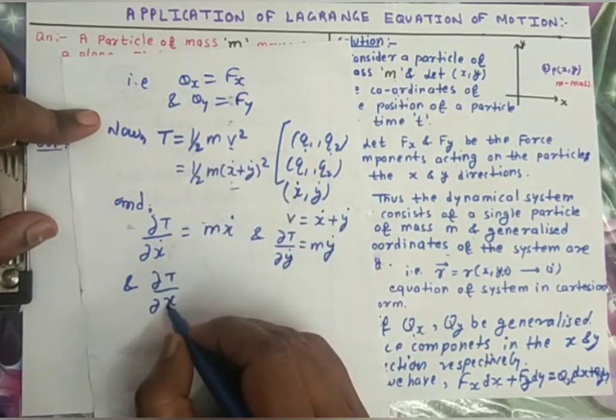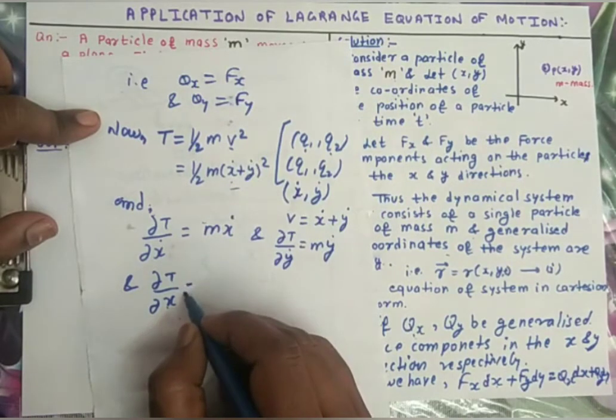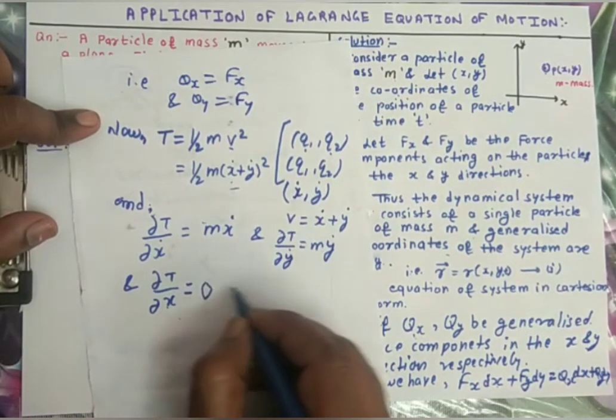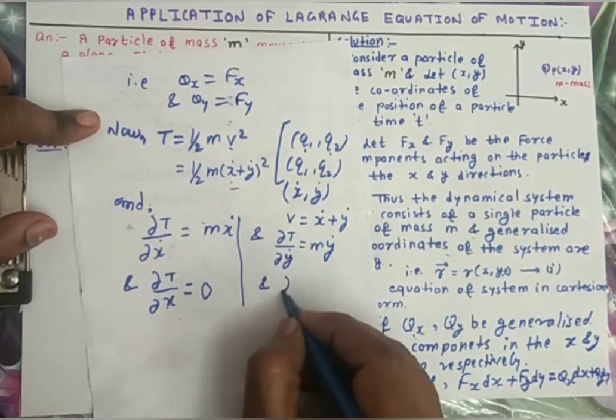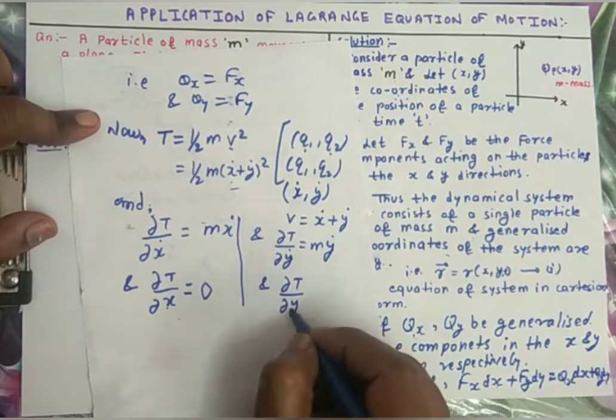That's why when we take the partial derivative with respect only to the generalized coordinate x, it becomes 0. Also del T by del y is equal to 0.